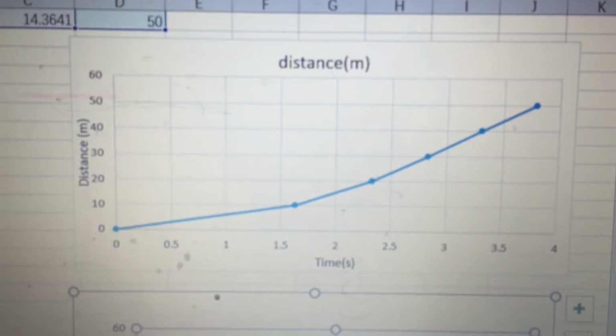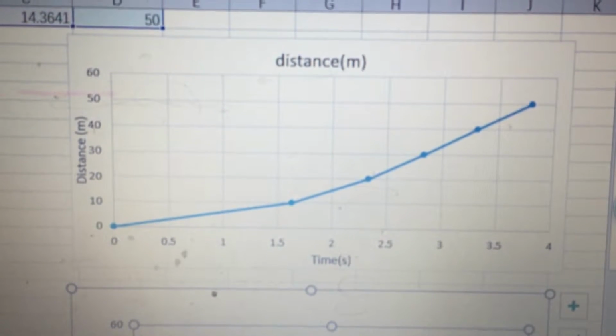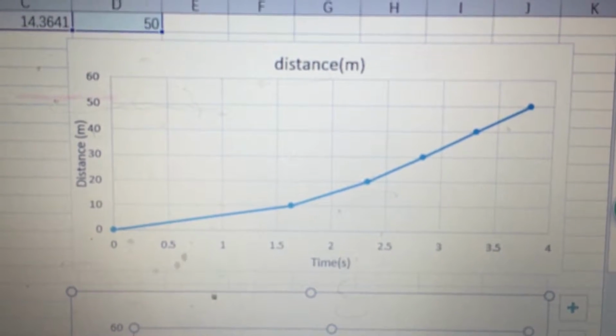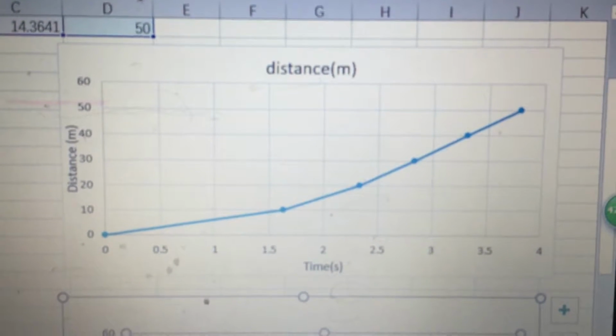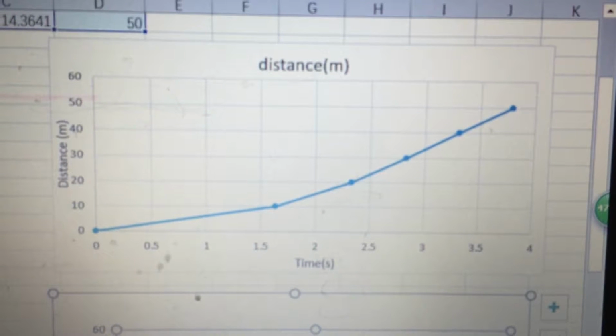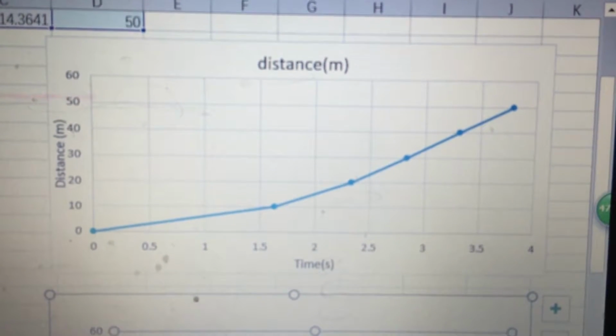It looks like a curve, so obviously it is very hard to find out the acceleration of the overall travel process.